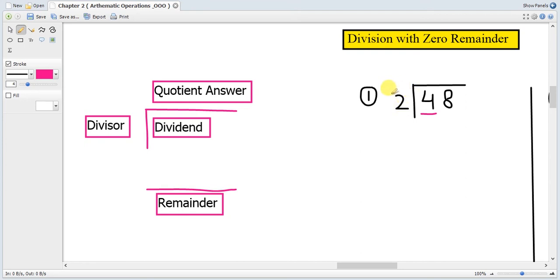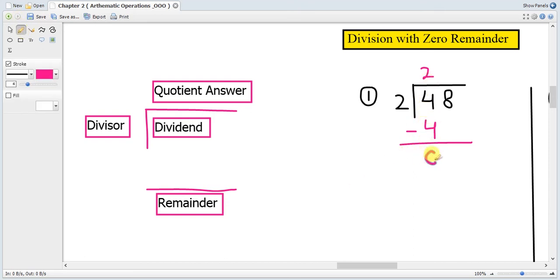This 2 basically represents that we have to go for the times table of 2. So start counting the times table of 2 up to 4 or less than 4. 1 times 2 is 2, 2 times 2 is 4. So 2 times 2 is 4. Now you simply have to take away. Let me erase this line.